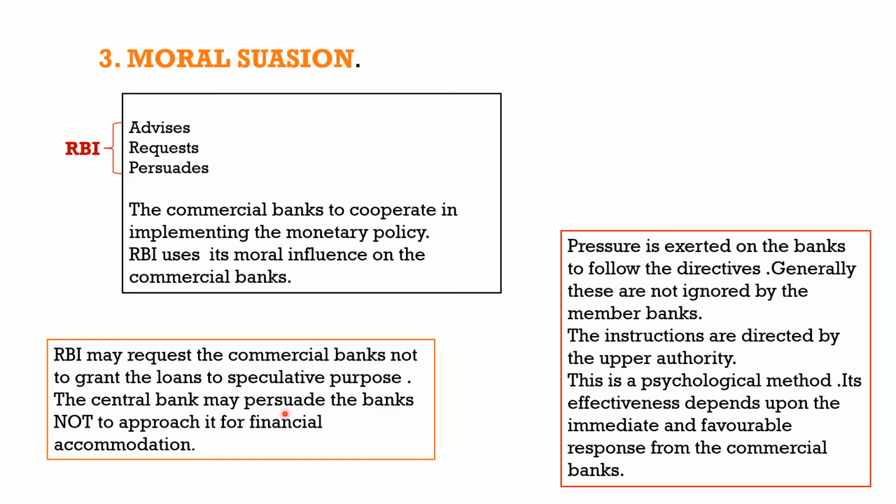Now, the central bank may persuade the banks not to approach it for financial accommodation. So, in a way, the commercial banks, they approach whom? They approach RBI for their loans, right? It may persuade that no, this field is not good, please don't go into this. So, it can be in the form of a pressure and persuasion as well.